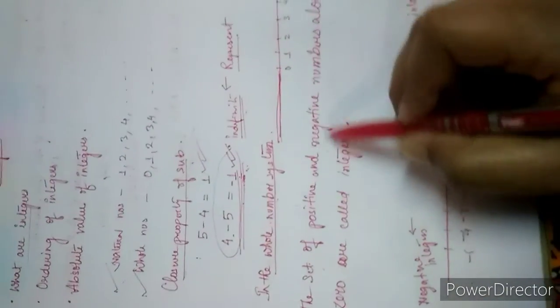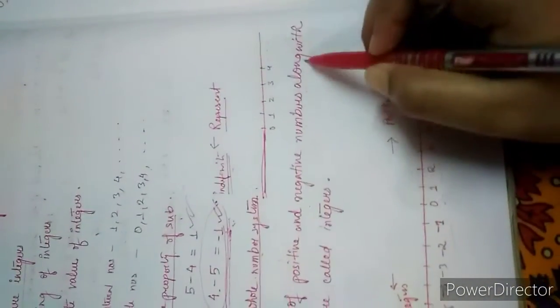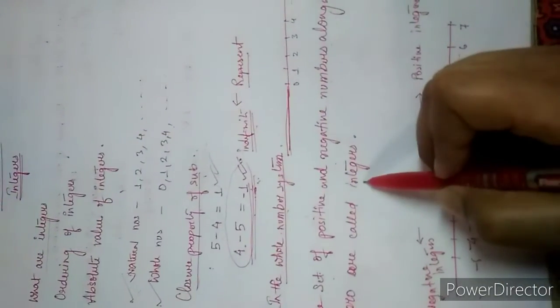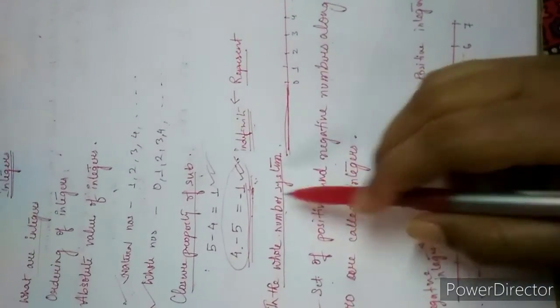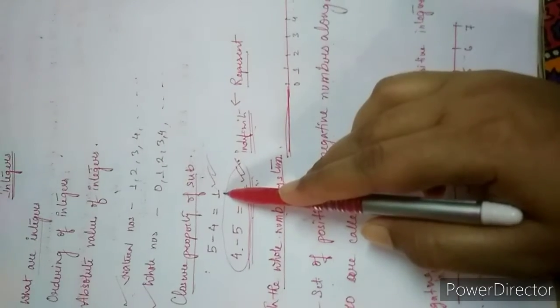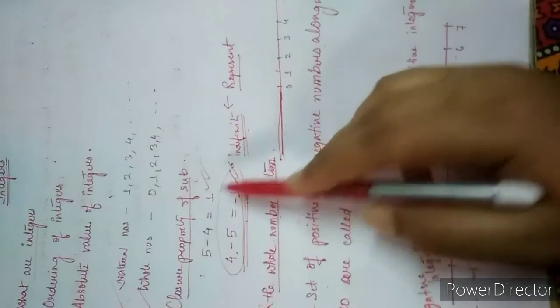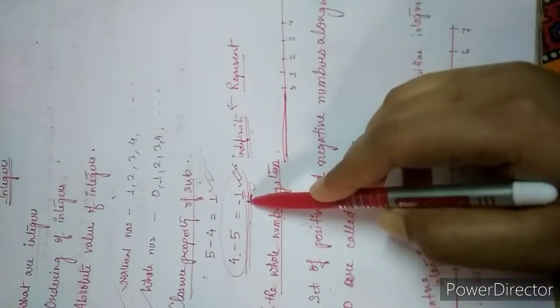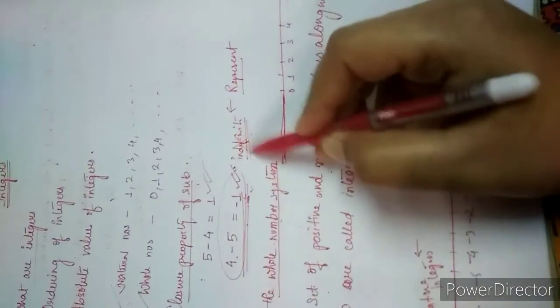I have written here that the set of positive and negative numbers along with 0 are called integers. This is positive and this is negative, and now it is no more indefinite.